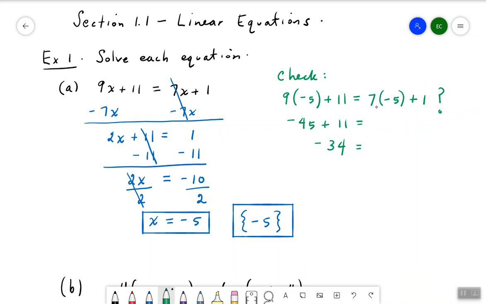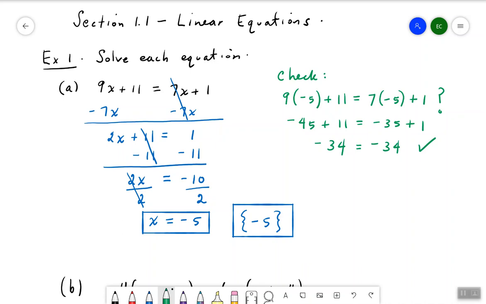And on the right side, negative 35 plus 1 also gives us negative 34. And so it worked. We got the correct answer. Notice when we were checking, we just worked through the expression on the left and then worked through the expression on the right. We did not take terms and move them from one side of the equation to the other like we did when we were solving the equation.